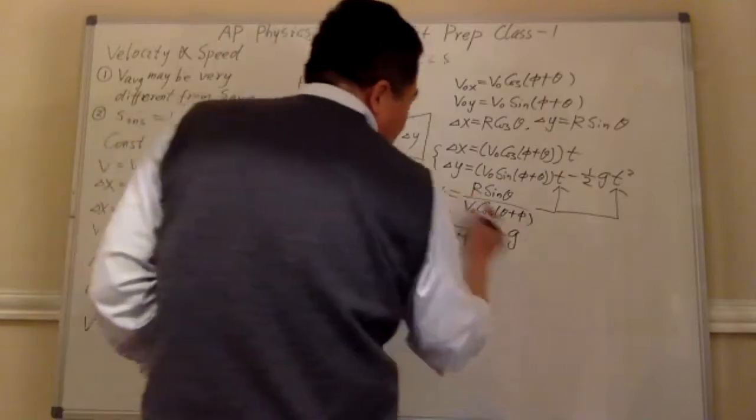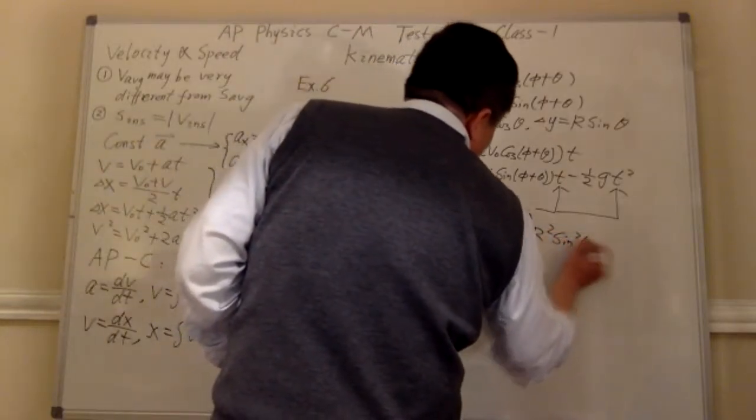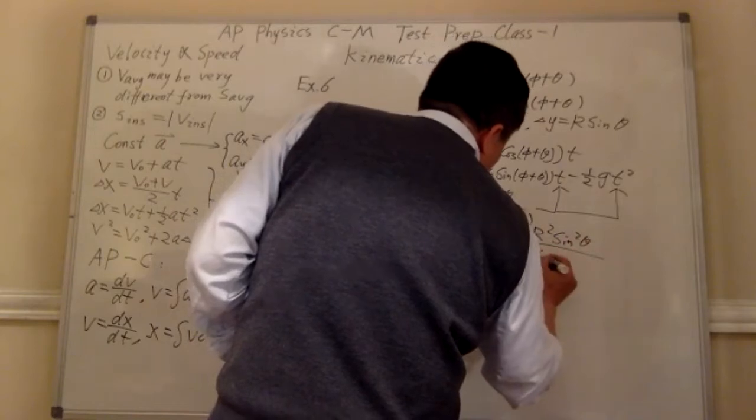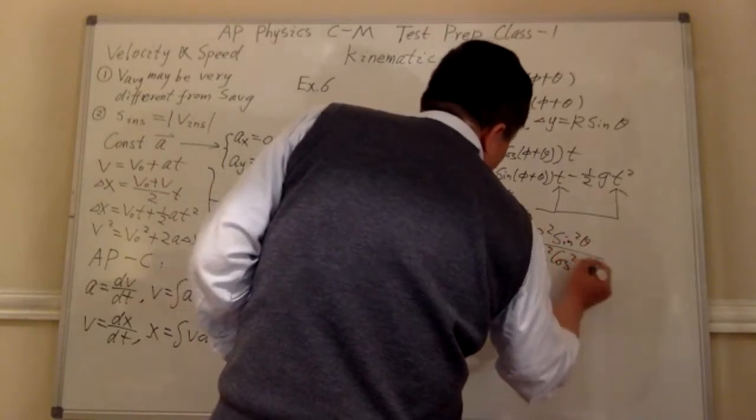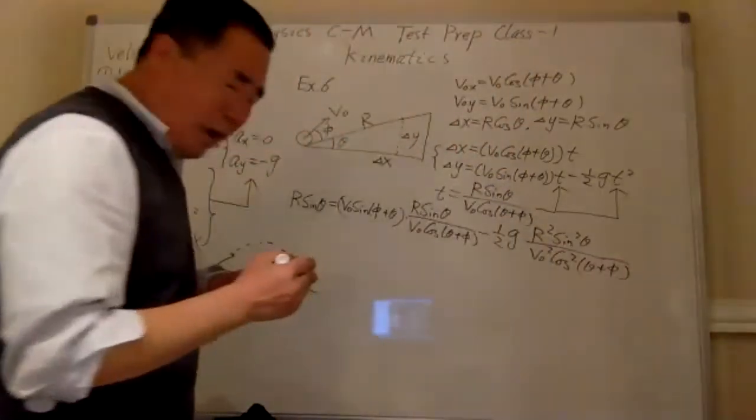What's t square? t square is r square cosine square theta over V naught square cosine square (phi plus theta).